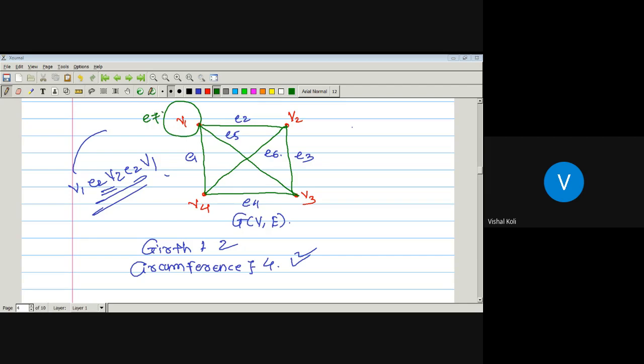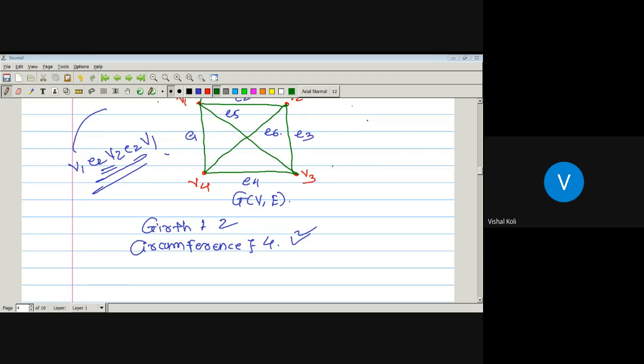Now tell me what is the girth? Is V1, E7, V1 a cycle? This one is again a cycle. In that case, the girth is 1. Okay? So if there is no E7, then the girth is 2 and the circumference is 4. Now, there are some notes.